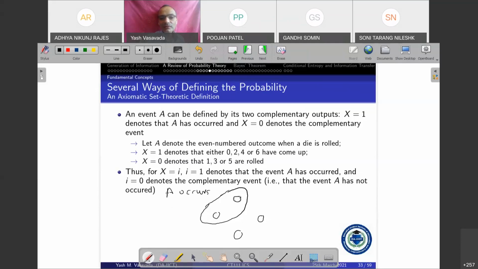When we say A occurs, we are going to assign a corresponding random variable. We are going to make it x equal to 1. And when A doesn't happen, which is these other 2 atomic events, x is equal to 0.